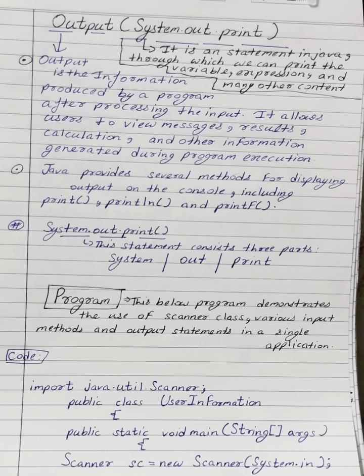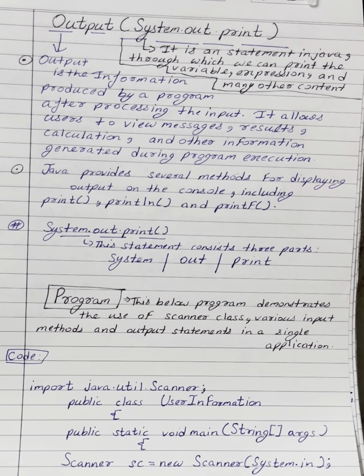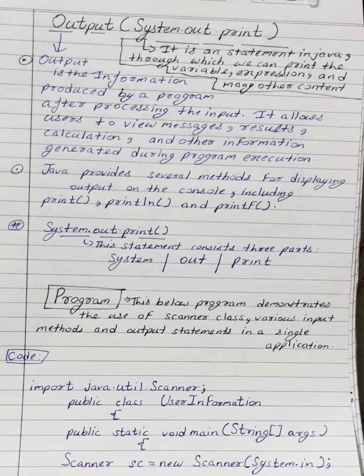Finally, the print method. This method displays the specified text or values on the console without moving the cursor to the next line. Now let's talk about the remaining two methods, println and printf. The println method displays the specified text or values and automatically moves the cursor to the next line after printing.